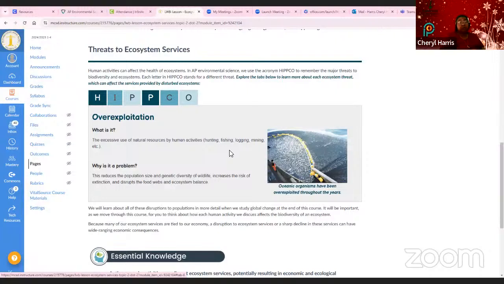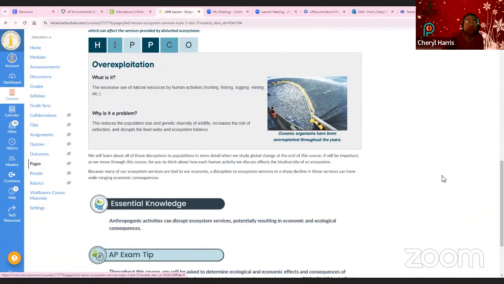Overfishing so that we can sell more fish in the market, have bigger lobsters and all that sort of thing. Logging, again, the housing industry is growing off the charts, so they need logs for that. And mining, as we talked about before, because you need the minerals that you mine up.